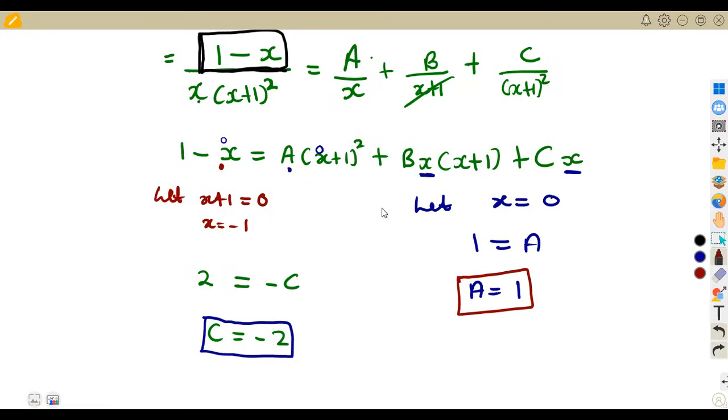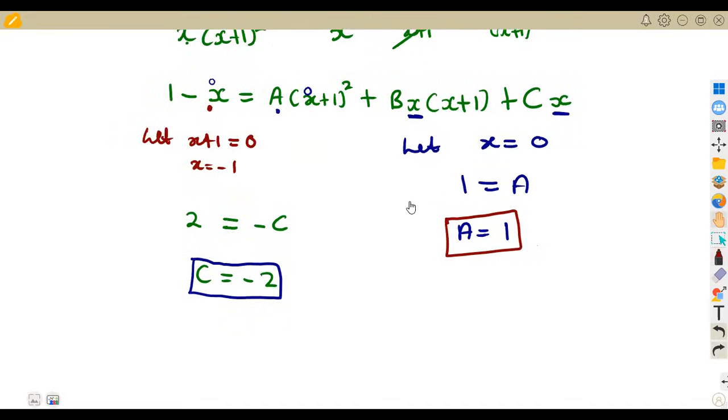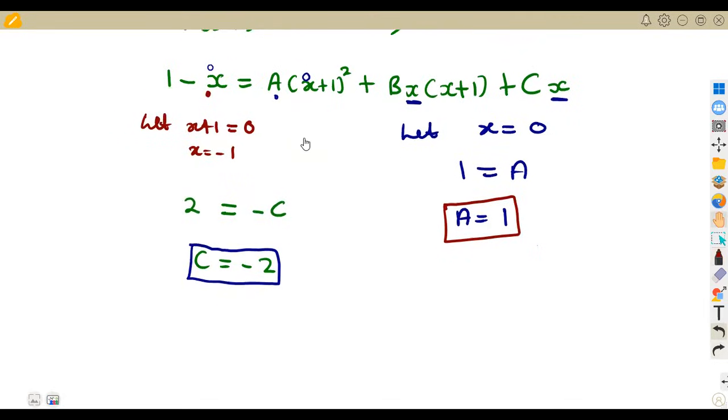So what you do when you have exhausted everything, you expand the brackets and equate the coefficients of equal terms, or the terms that are the same. So we have to expand our brackets in this case, okay? You have to expand the brackets on the right-hand side. So the left-hand side is already in expanded form, all right?